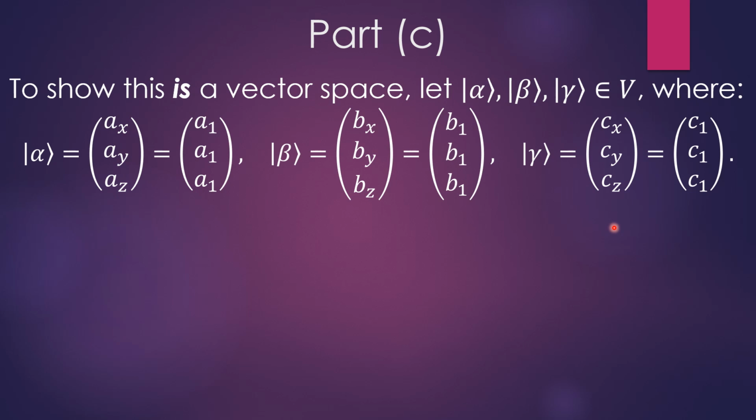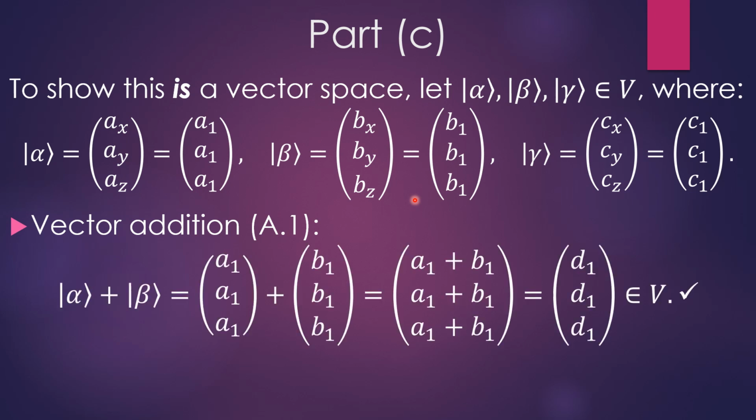Now that we have that, let's check and see if we're closed under vector addition. So what do you think the instinct here is? Because this one is non-intuitive at first, but then it becomes apparent. So as we see, adding two vectors component-wise, we see that every single one of these components is equal.